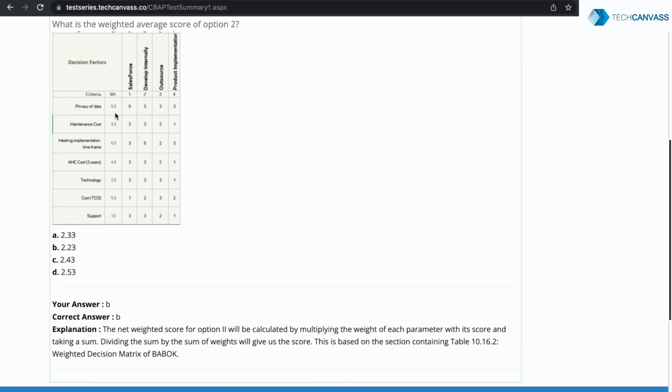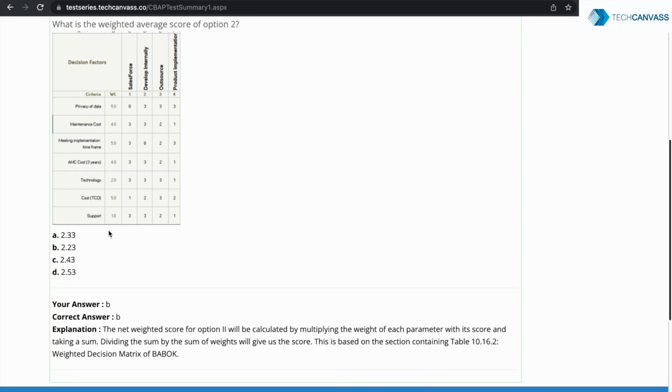Look at these weights and do a multiplication, which will be 5 times 3, 15, 4 times 3, 12, 5 times 0, 0, 4 times 3, 12, 2 times 3, 6, 5 times 2, 10, 1 times 3, 3. And do the sum of it. You will get a number here. And do a sum of all these weights as well. And then divide the number you get here by the sum of all the weights.